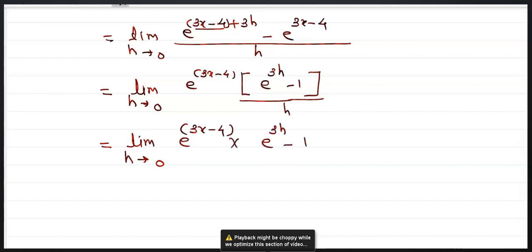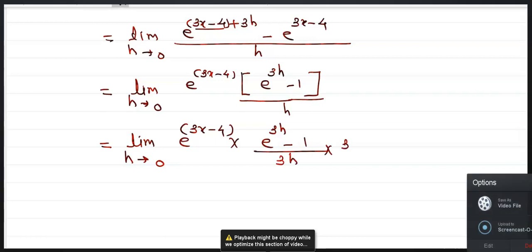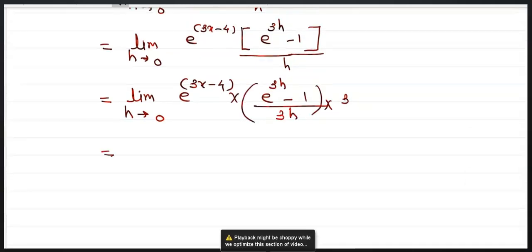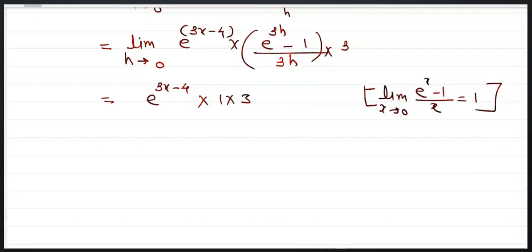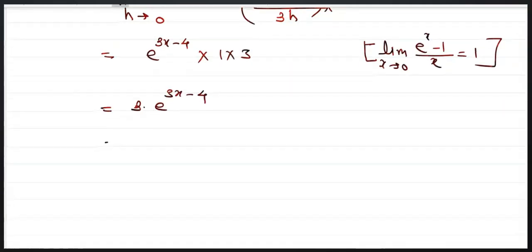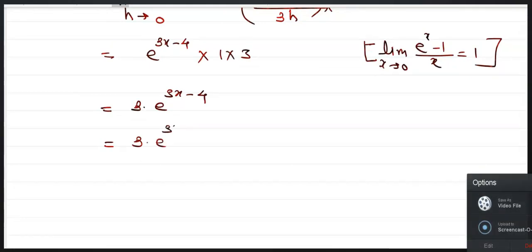The value of this limit is 1, that is 3 into e raised to 3x minus 4, f dash of x.